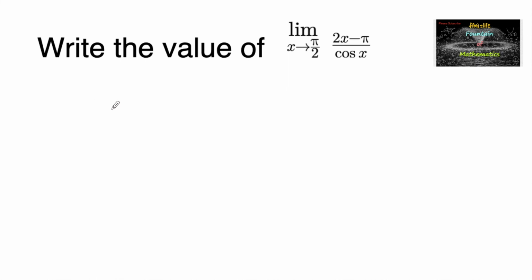Write the value of limit x tends to pi by 2, (2x minus pi) upon cos x. So we can write this as limit x tends to pi by 2.